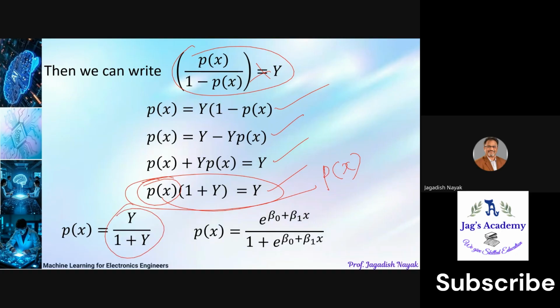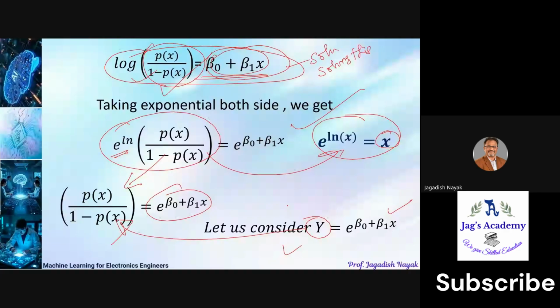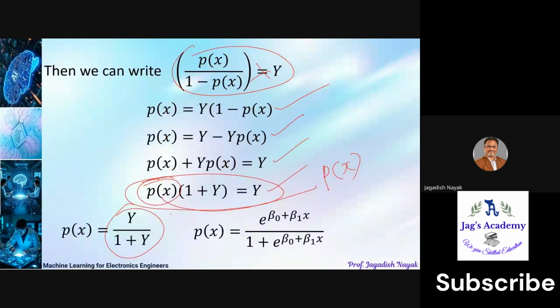So p of x comes as y divided by 1 plus y. What is y? We are replacing this expression with y for simplification. So p of x divided by 1 minus p of x is equal to y. Simplify for p of x.